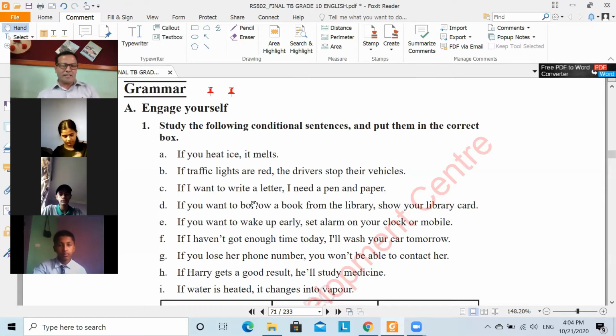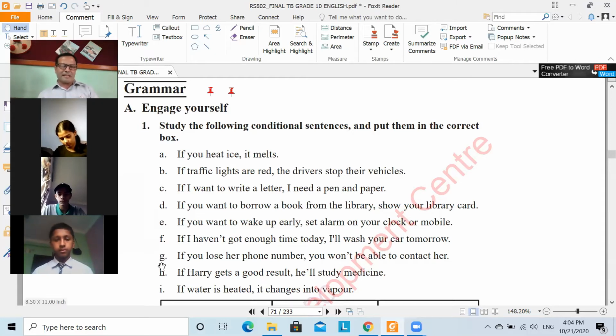If I want to write a letter, I need a pen and paper. If you want to borrow a book from the library, show your library card. If you want to wake up early, set an alarm on your clock or mobile. If I haven't got enough time today, I'll wash your car tomorrow.